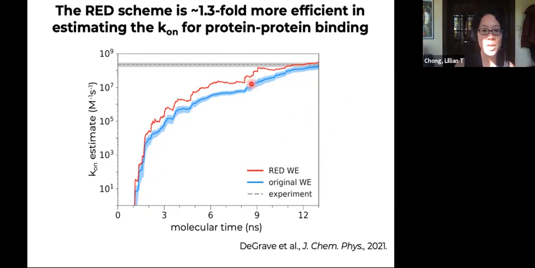In blue is the rate constant estimate from the standard weighted ensemble scheme, and in red is from our RED scheme. For reference, the gray line shows the experimentally measured value for the rate constant. And we show that with the RED scheme, we do get to this leveled off region earlier. So it's about 1.3 fold more efficient in estimating the rate constant for protein-protein binding.